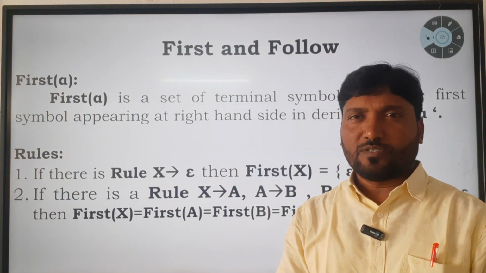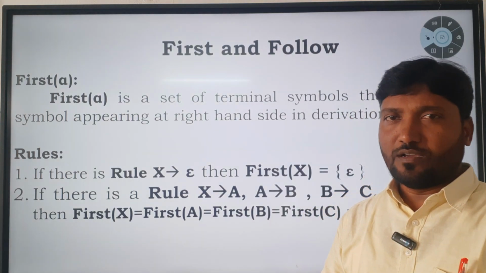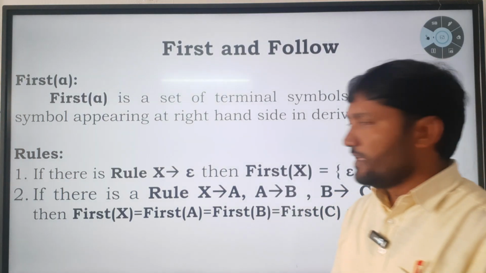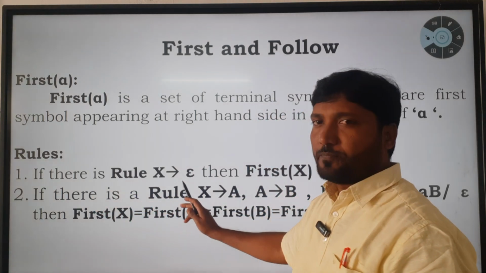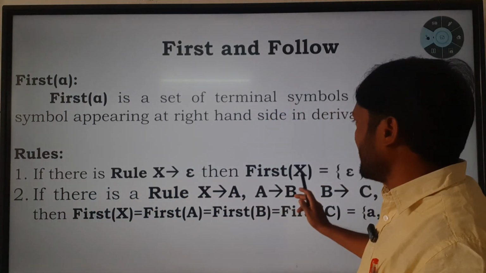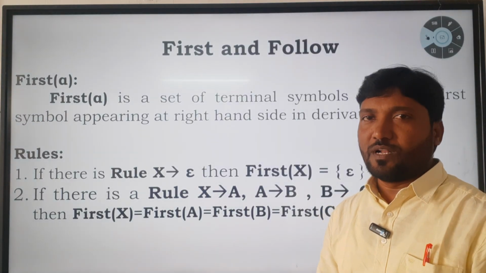While calculating the first function, there are 2 rules we have to apply on the given context free grammar. The first one is, if there is a rule X derives epsilon, then first of X equals epsilon, because epsilon is a terminal symbol.